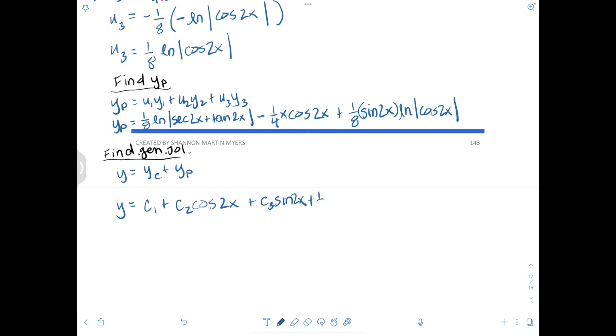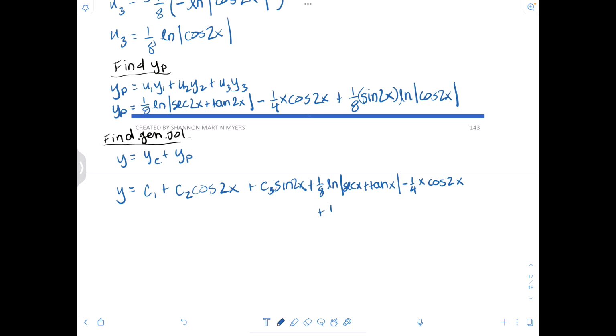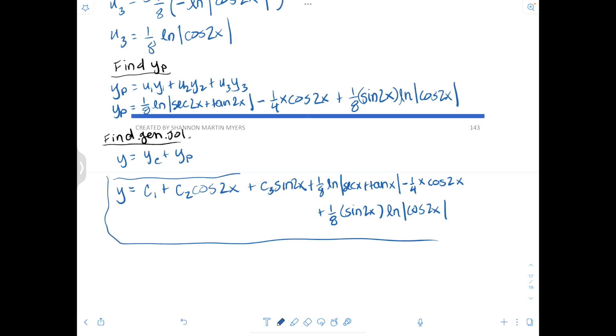So we've got 1/8 natural log absolute secant 2x plus tangent 2x, minus 1/4 x cosine 2x, and then plus 1/8 sine 2x natural log absolute cosine 2x. And we're all done. All right.